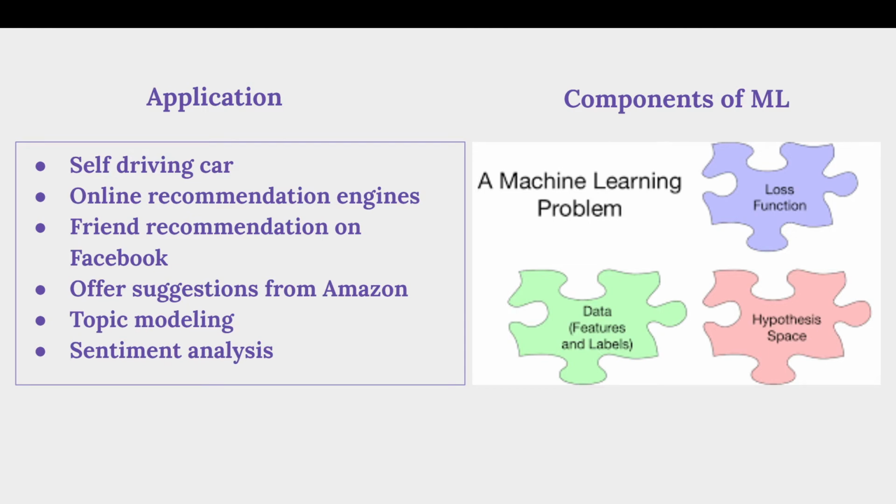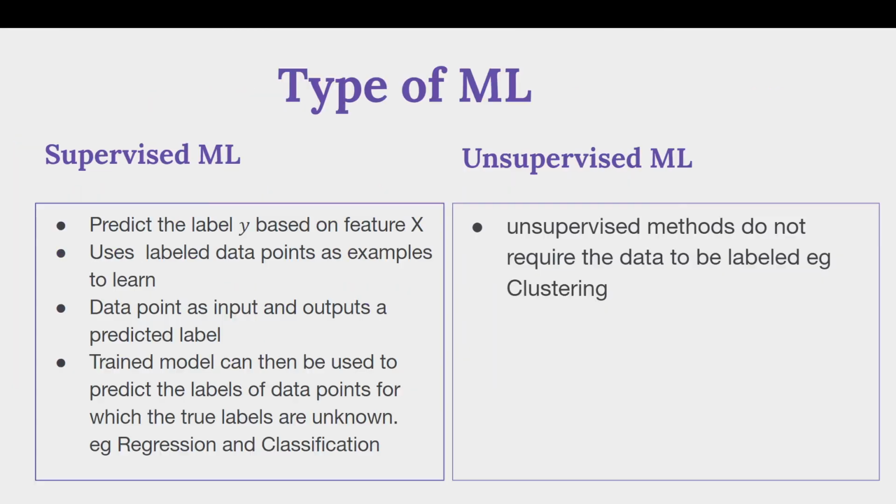There is also unstructured data in different formats like text, image, video. A hypothesis is a model that allows us to predict from the data we have. And the loss function allows us to adjust and to have a better model, so we usually tend to want a small loss.